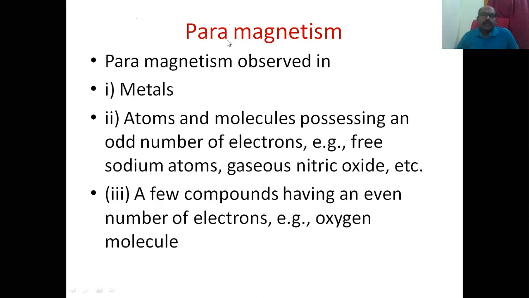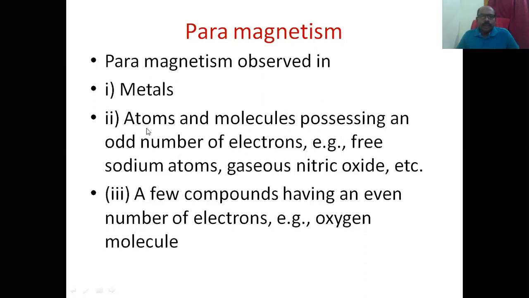Paramagnetism is observed in metals and in atoms and molecules possessing an odd number of electrons. Examples are free sodium atoms and gaseous nitric oxide, and a few compounds having an even number of electrons also.